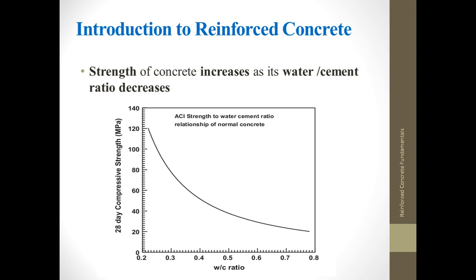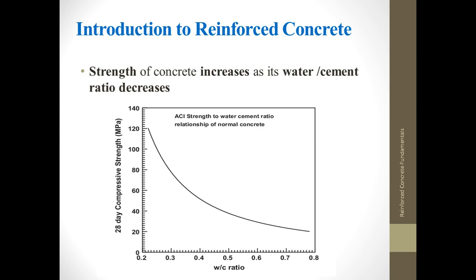So in this slide, we have plotted the 28-day compressive strength of concrete against the water to cement ratio. This water to cement ratio is abbreviated as the W to C ratio as well. So, what can we understand from this plot?